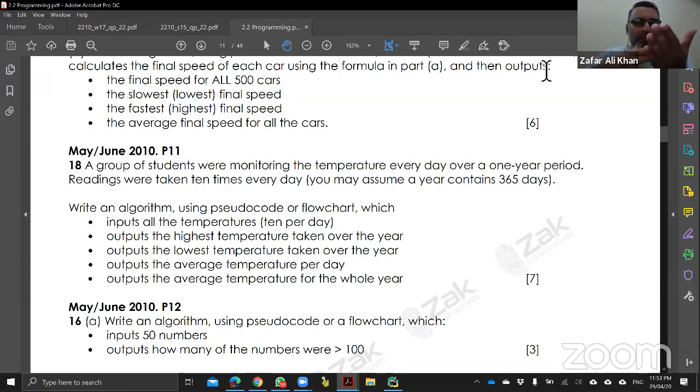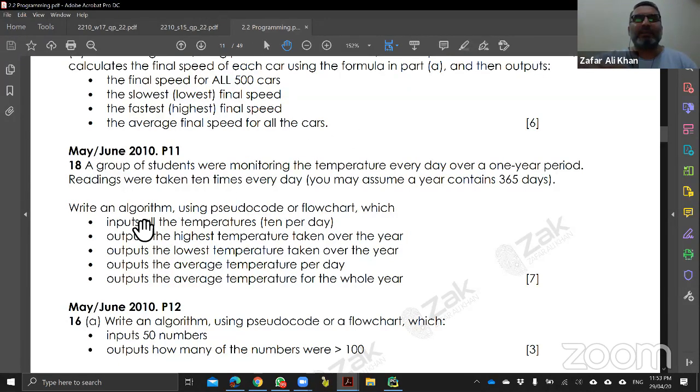So outer count would be for class is equal to 1 to 10, and inner count would be for student is equal to 1 to 30. For every class there are 30 students. Similarly over here, for every day there are 10 readings, so the outer count would be the days: for day is equal to 1 to 365, and the inner count would be the reading: for reading is equal to 1 to 10. So for every day there are 10 readings.